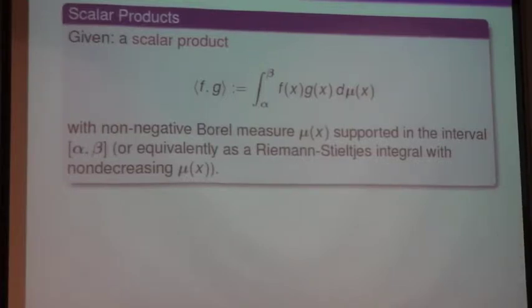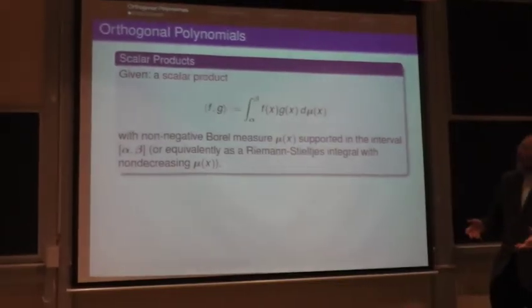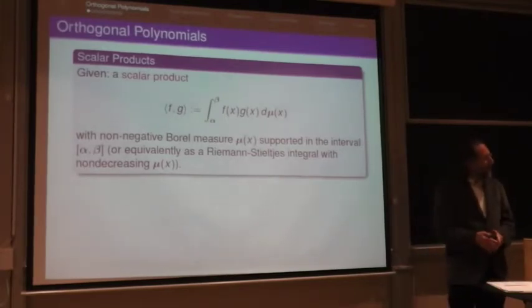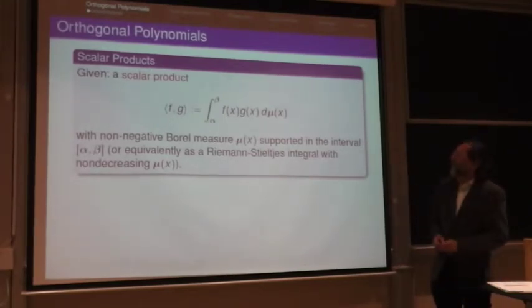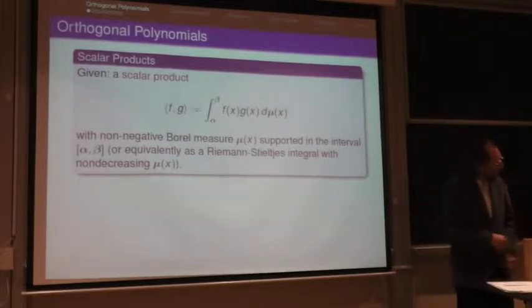There is an integral from alpha to beta, f times g, d mu of x, where mu is either considered as a Borel measure supported in this interval, or equivalently as a Riemann-Stieltjes integral with non-decreasing function mu. So this is what you can think of, and actually we will do it much easier now.